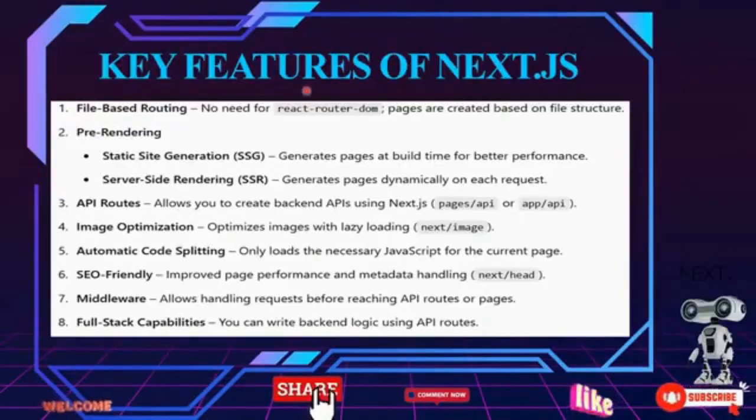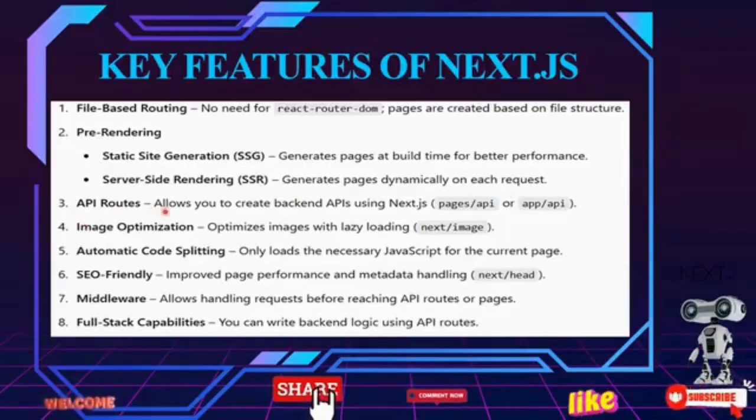What are the key features of Next.js? File-based routing: no need to install React Router, pages are created based on the file structure. Pre-rendering: static site generation of pages at build time for better performance. Server-side rendering: generates pages dynamically on each request.